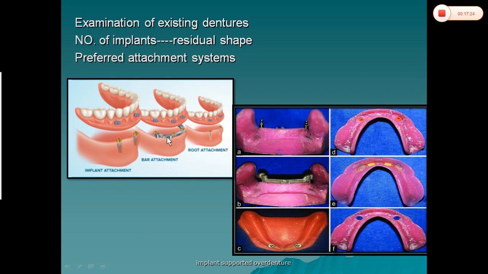See here, 3 implants are placed and they are connected with, or splinted with, bar. When you place a bar attachment, the old denture cannot be modified. We have to go with new dentures. Got it? For ball attachment, old dentures can be modified. For bar retained dentures, the new dentures have to be fabricated. Got it?